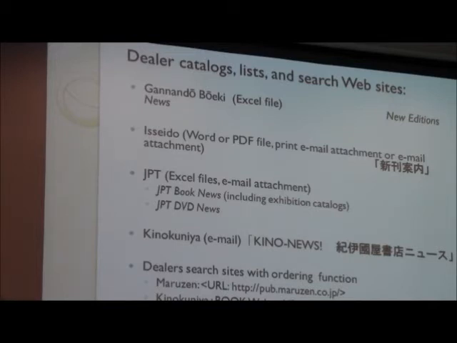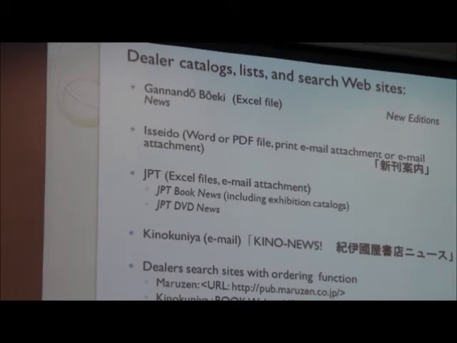Exhibition catalogs in particular are difficult to get, so if JPT can provide them, it's much easier. This came in their Excel file called JPT Book News. And now JPT also distributes JPT DVD News, which is also useful.